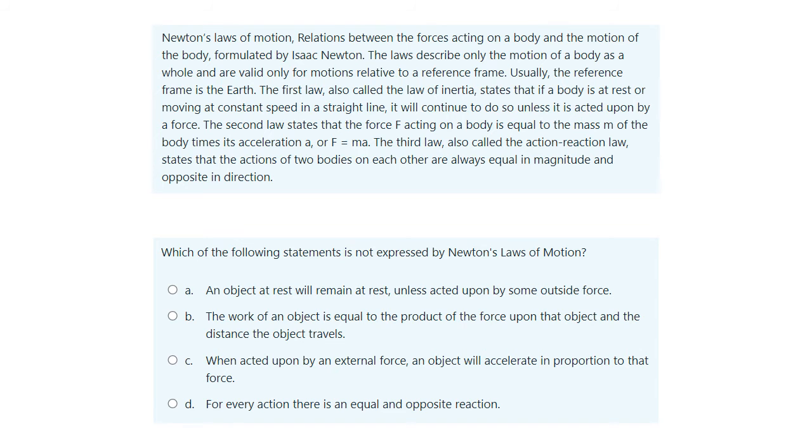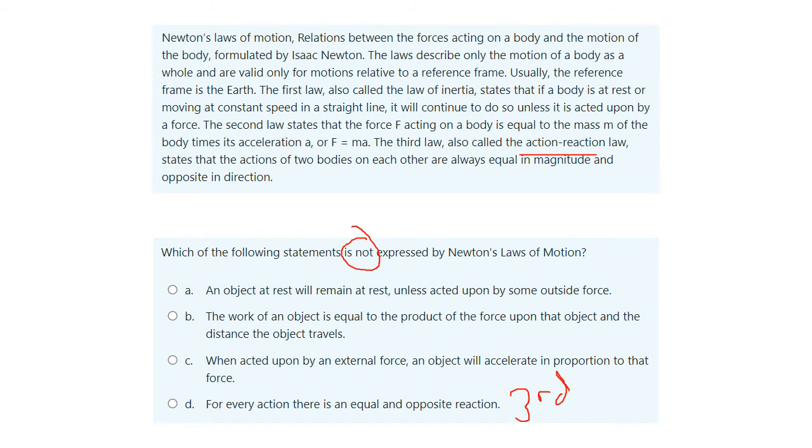It is talking about the size of the force, but it's not quite the same as Newton's second law. When acted upon by an external force, an object will accelerate in proportion to that force. That might be the second law of motion. And for every action, there is an equal and opposite reaction. That's our favorite law. That's the third law. So which of these is not expressed by these laws of motion? Well, the action-reaction, this is the third law.